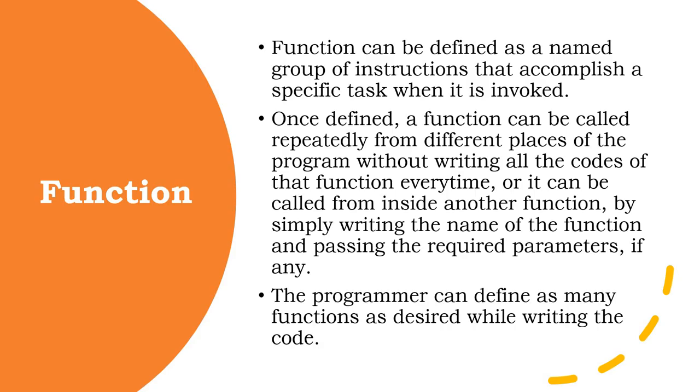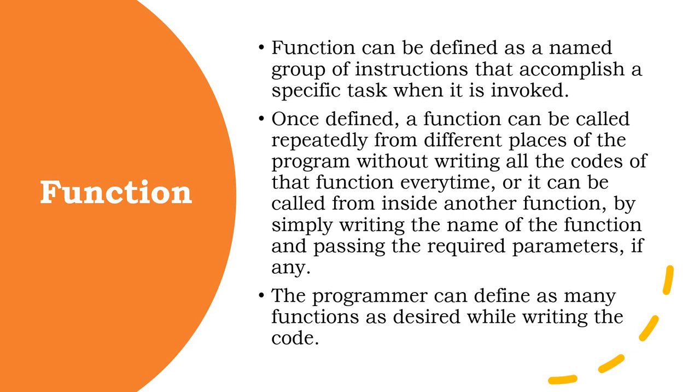So you change the input values that you want to use. For that specific purpose we in general use functions. A function is a group of instructions used for a specific task whenever it is invoked. Invoked means it will be called.